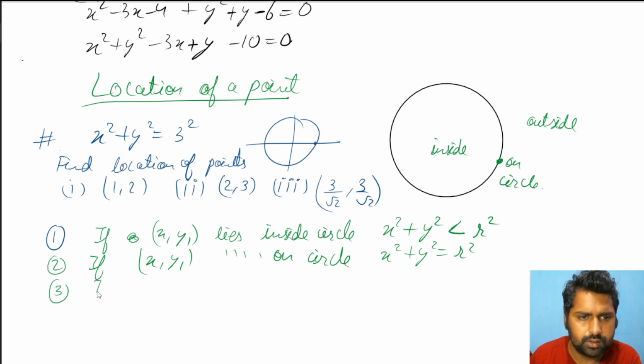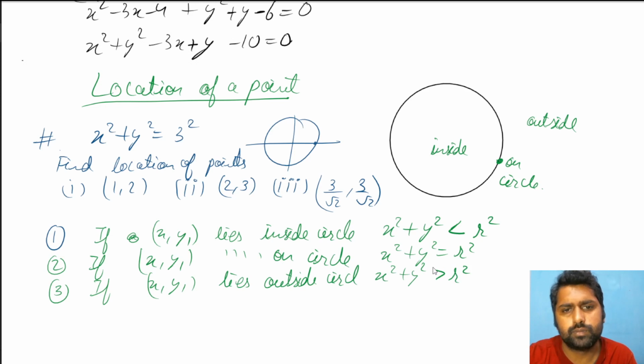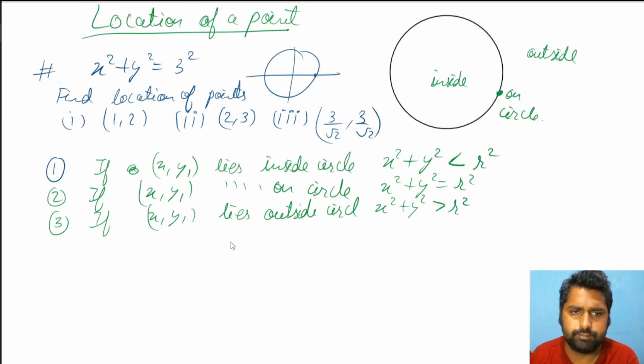And third, if (x1, y1) lies outside the circle, then x1 square plus y1 square will be greater than r square. So basically what you do is you put the coordinates in the equation.